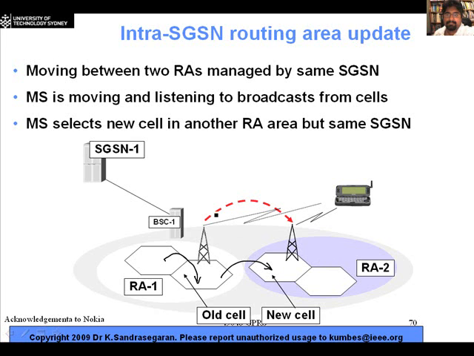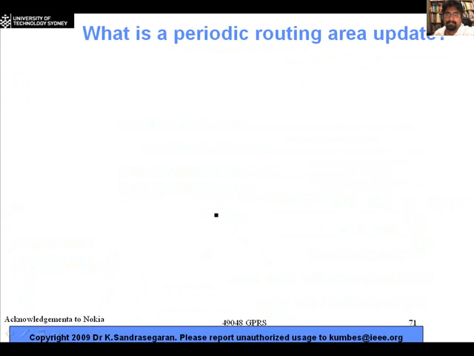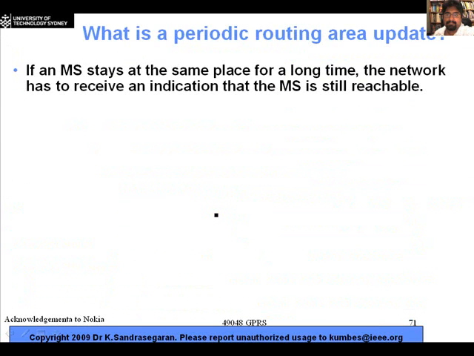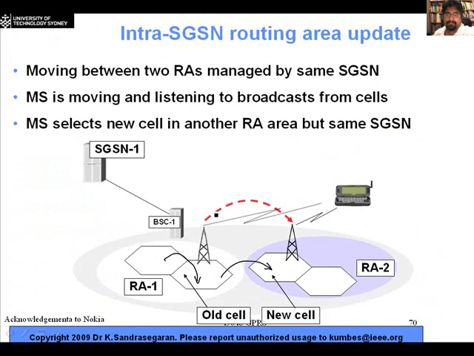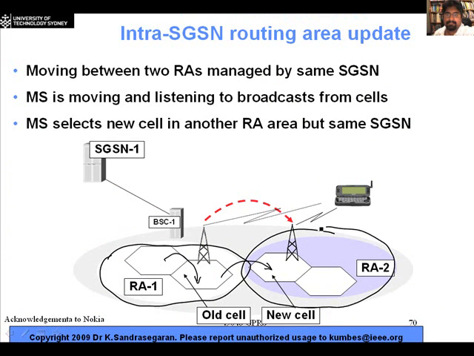So this is an intra-SGSN routing area update. The more complex procedure is when you move between two routing areas that are controlled by two different SGSNs. Then that will be the inter-SGSN routing area update.